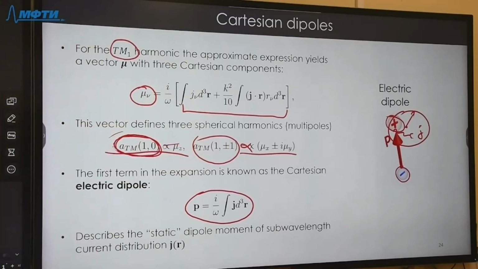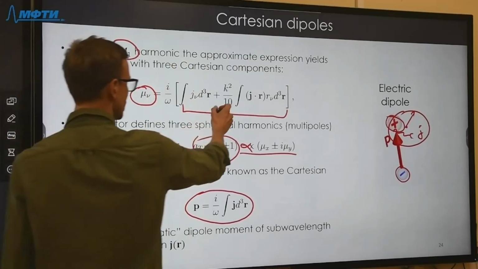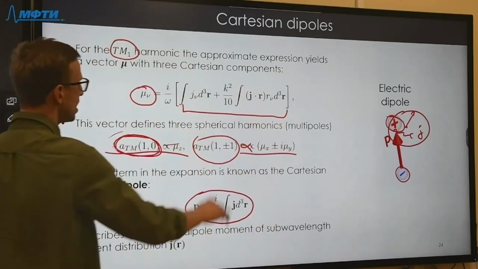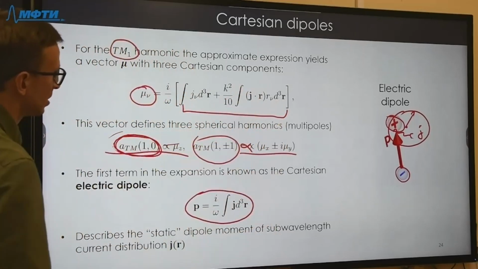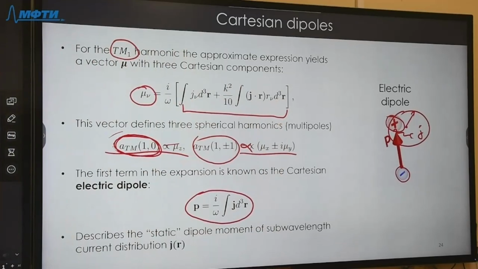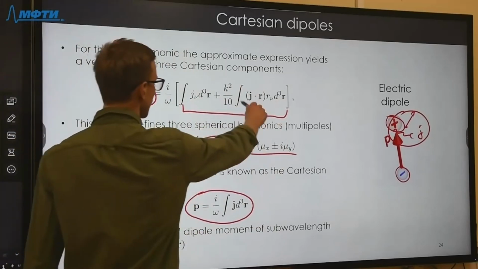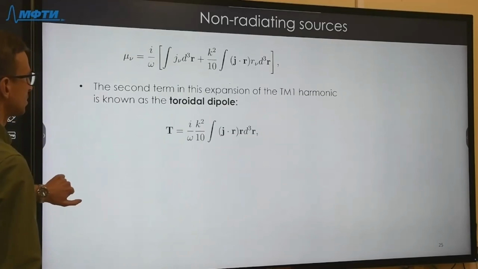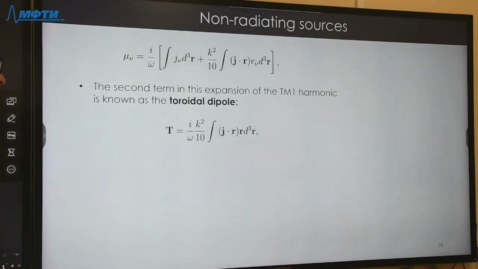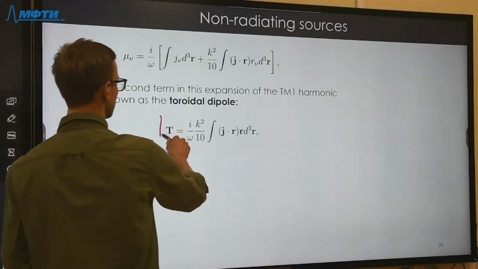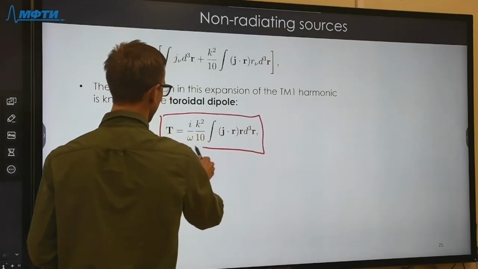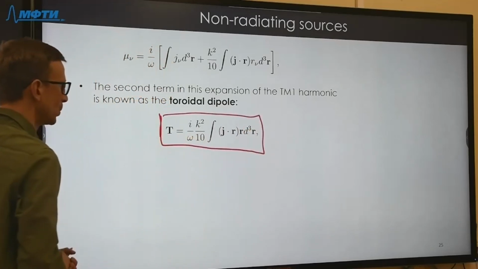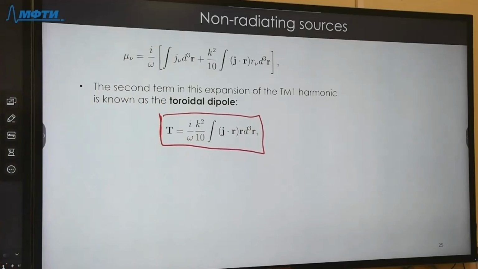So now you might ask, well, what's the remaining term? What's the second component in this expression, which doesn't look like a familiar electric dipole? This is something more complicated, and it is referred to as the toroidal dipole. This contribution also looks like a volume integral, and it is.